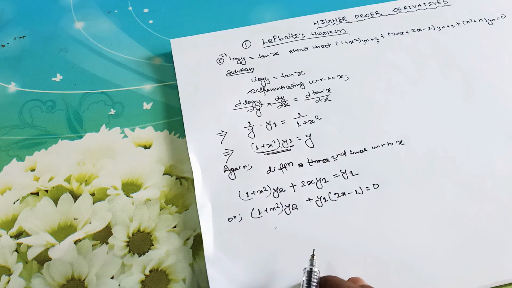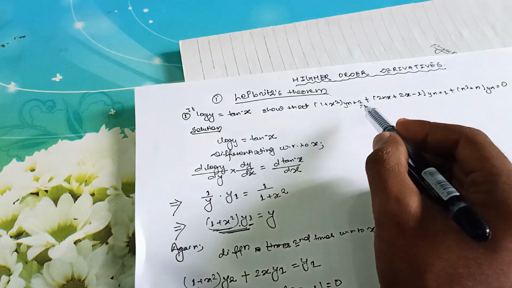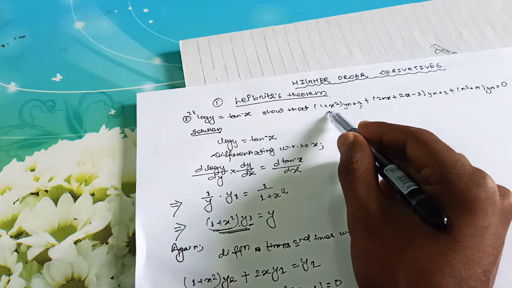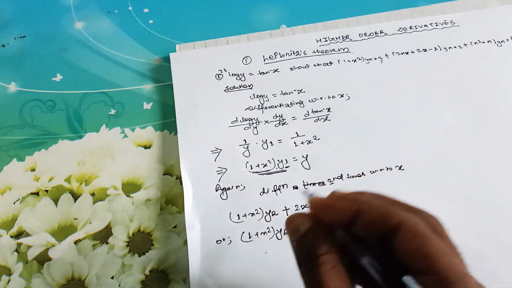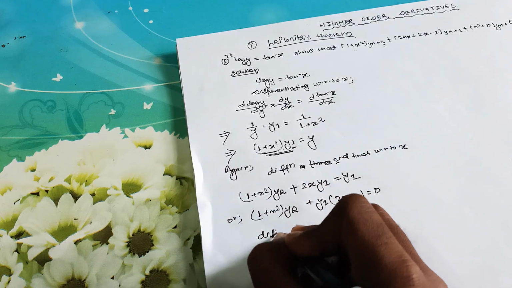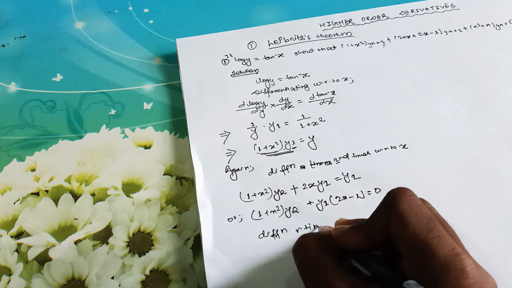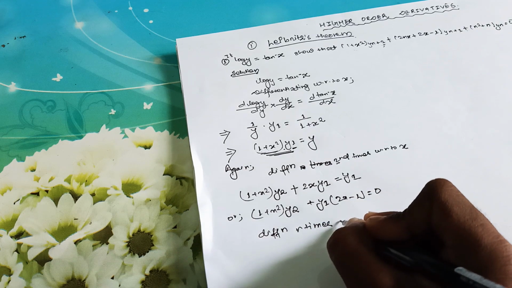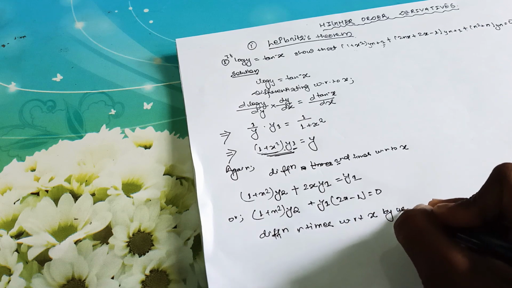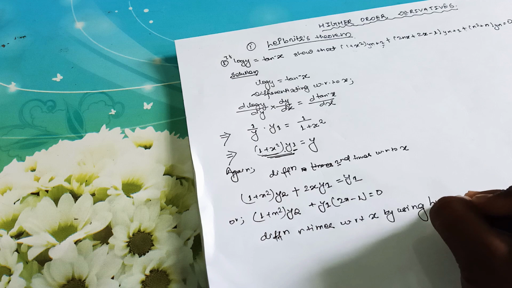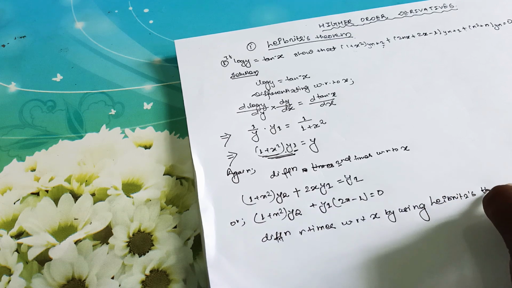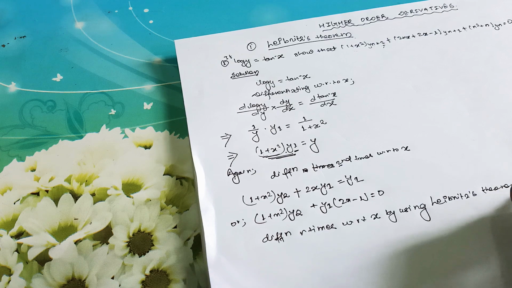Now we have to go further. To solve the 1 plus x square y2 term, we use the Leibniz theorem to finish this question. Differentiating n times with respect to x by using the Leibniz theorem. It is so simple.